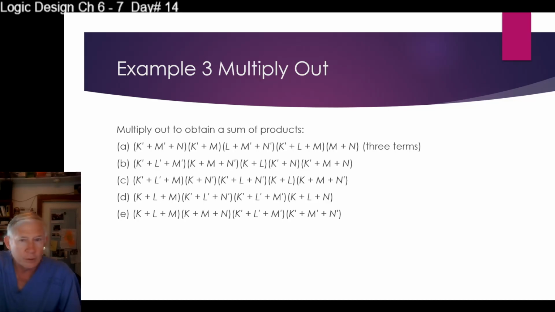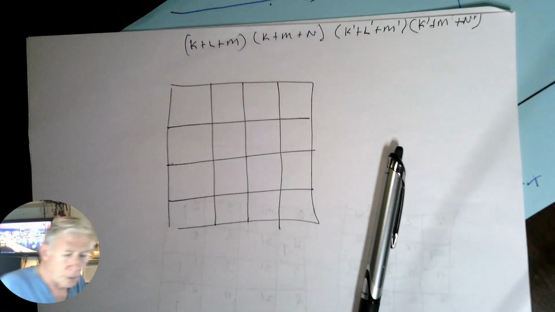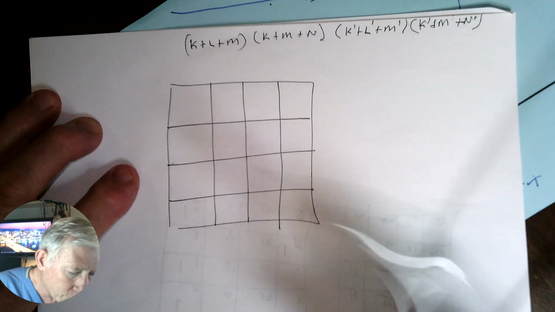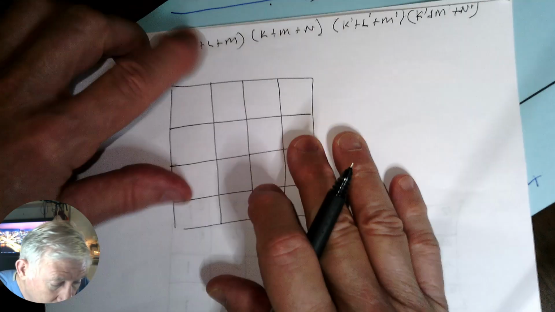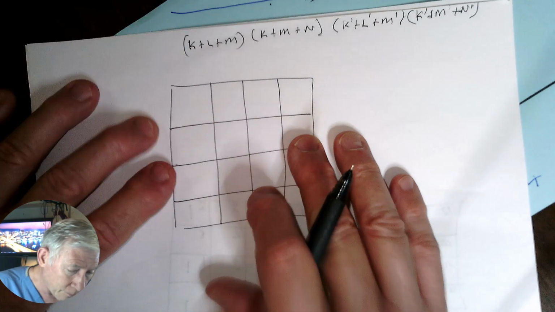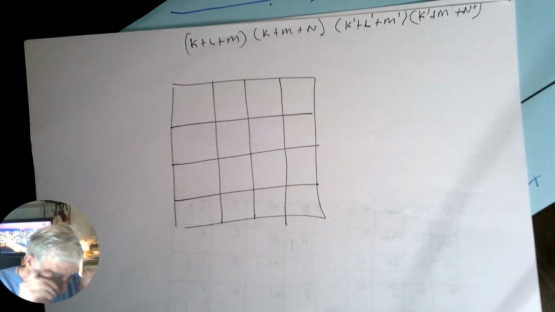Now let's transition over here. First I'm going to switch this to A, B, C, D, and we just have K, L, M, N. I'm going to put on my glasses so I can see a little better.